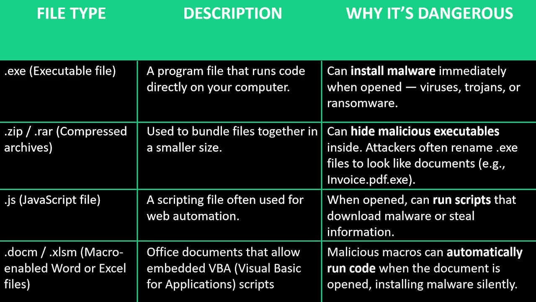These are Office documents that allow embedded VBA, Visual Basic for Applications, scripts. Malicious macros can automatically run code when the document is opened, installing malware silently. So please be cautious when you see files with these extensions.